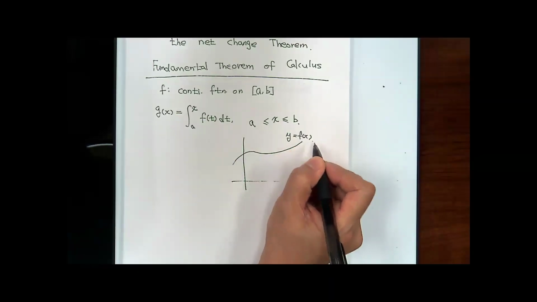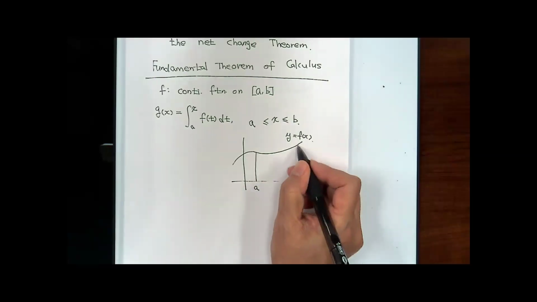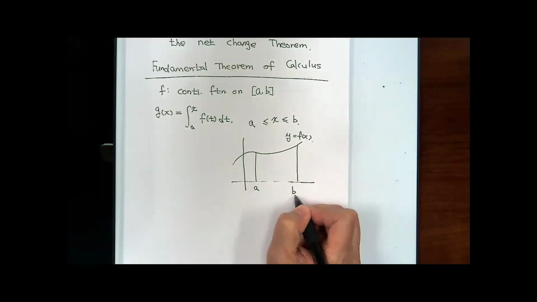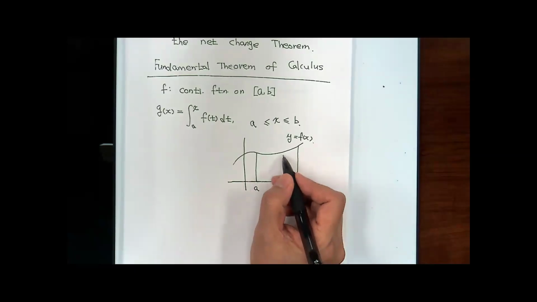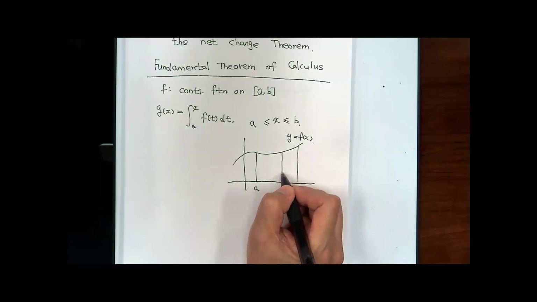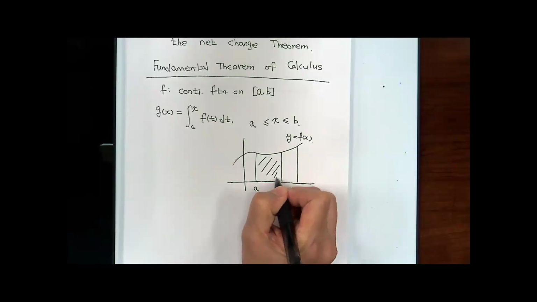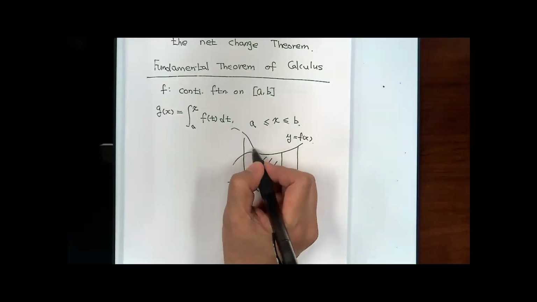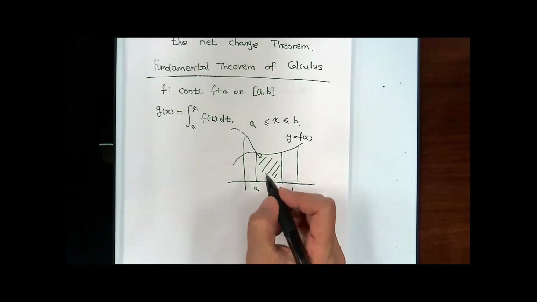We have a function like this. We have a closed interval a to b. What we did is we varied the upper bound and we just think about the integration from a to x, and that is defined as g of x.